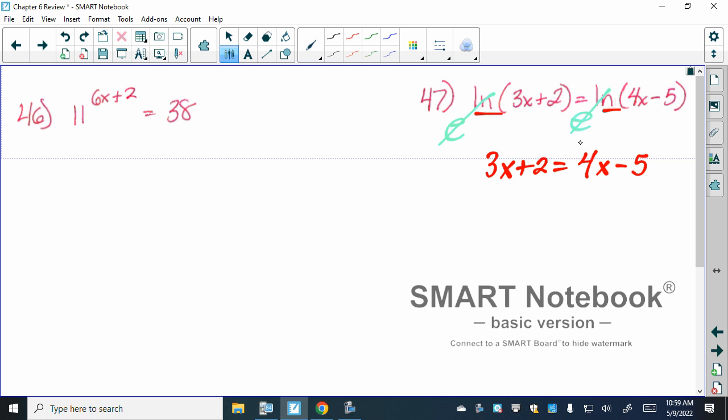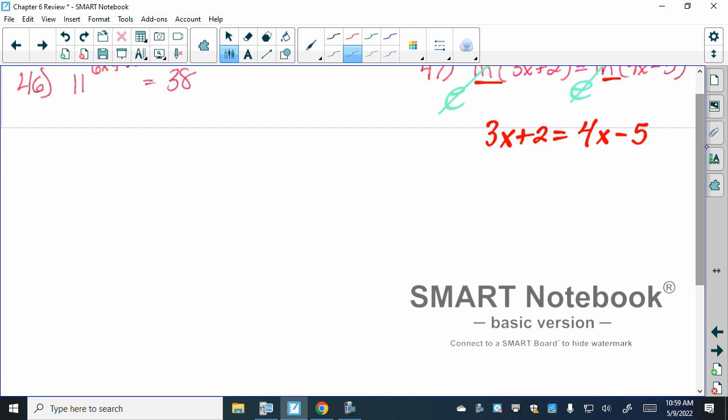That's why this works. But our main property, especially when we covered it the first time, was if the logs are the same, what's inside equals. This is why. Because we hadn't gone over the fact that e to the ln simplifies out, cancels out. We had a little bit, but not in this fashion.